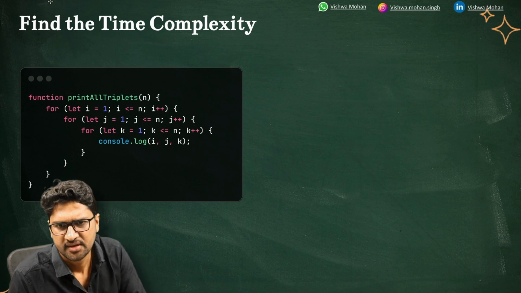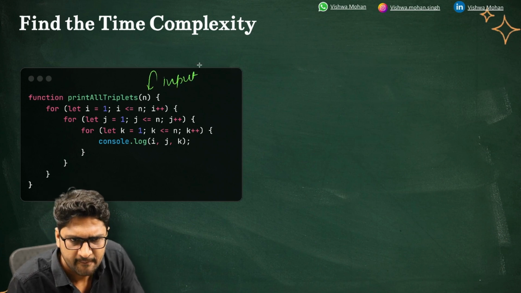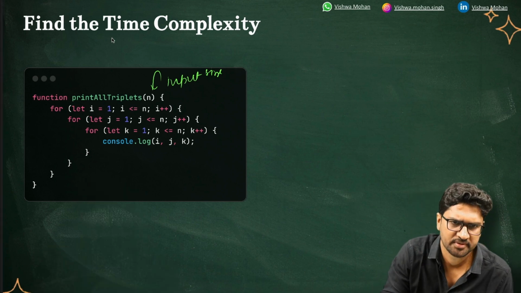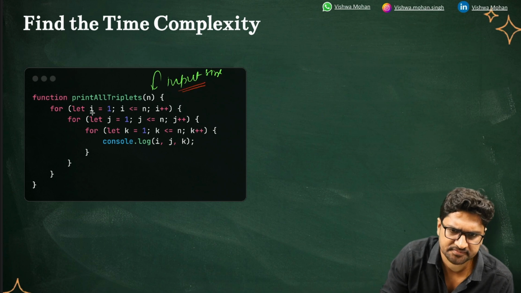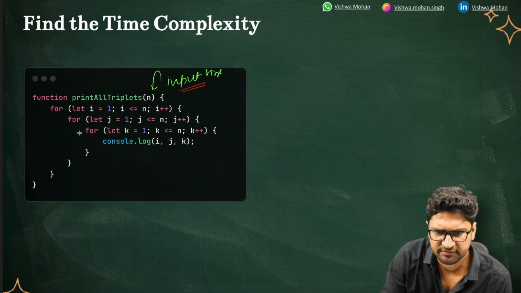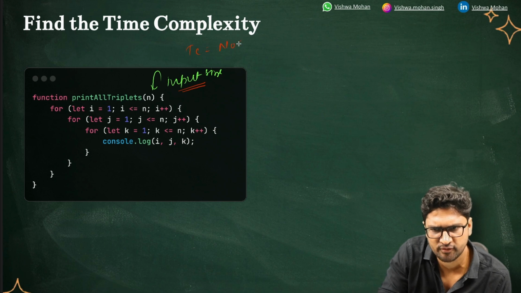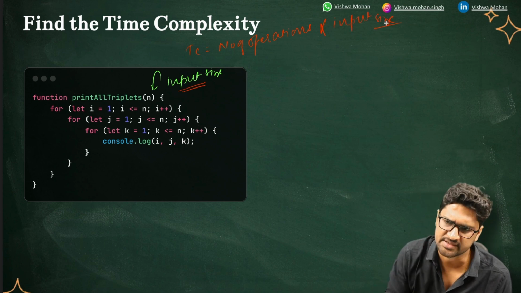In this question, my input size is this. This is my input size. Now let's try to solve this problem again here. So here I have an input size n. Time complexity is how the number of operations is proportional to the input size.